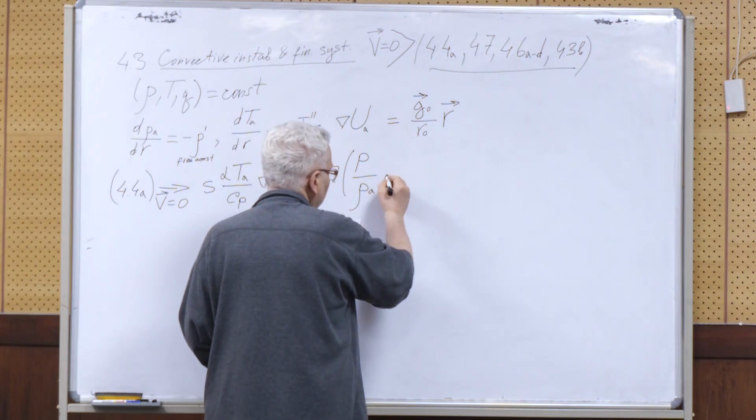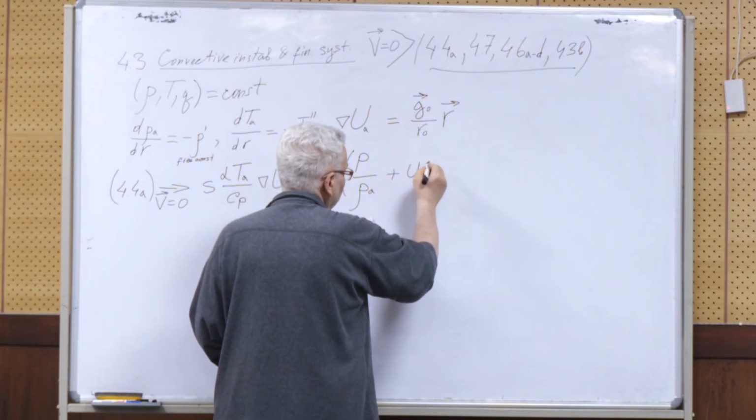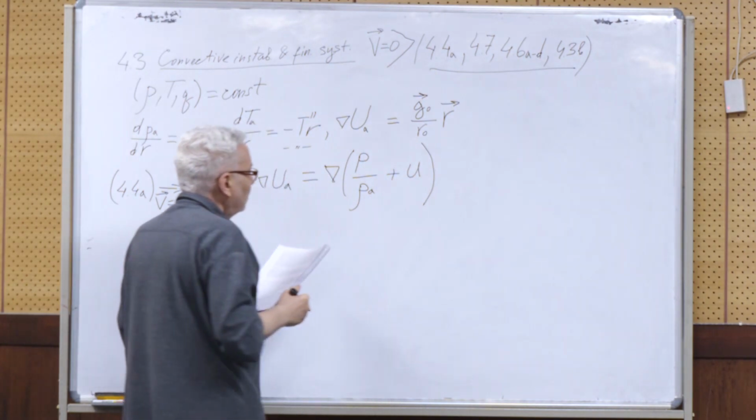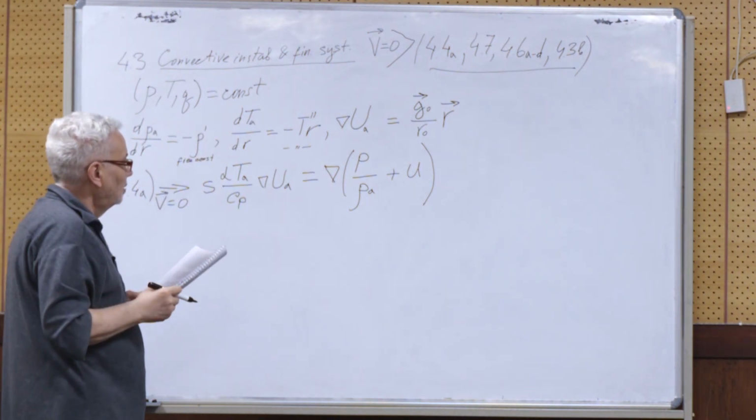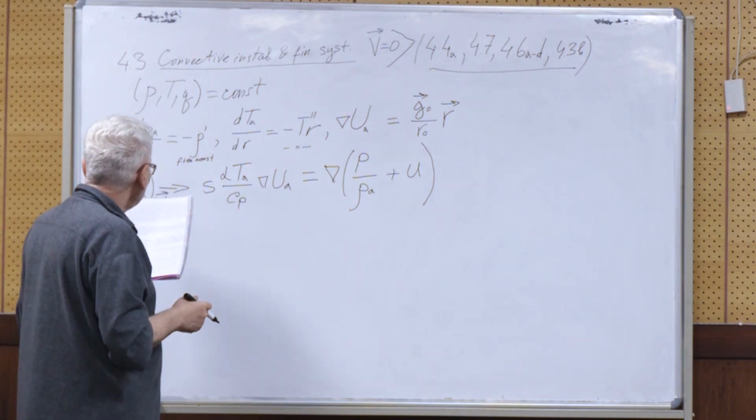And also there is a deviation from the adiabatic state for the potential. So we have this equation when we use V equal to naught.